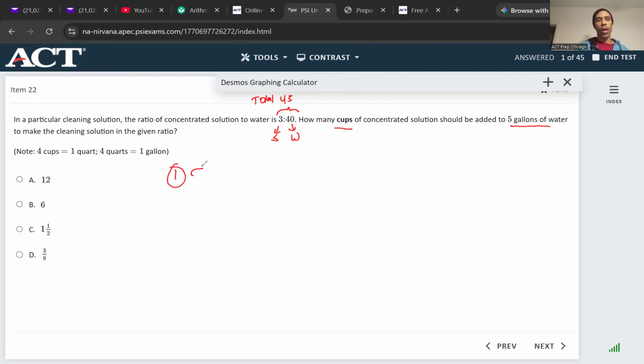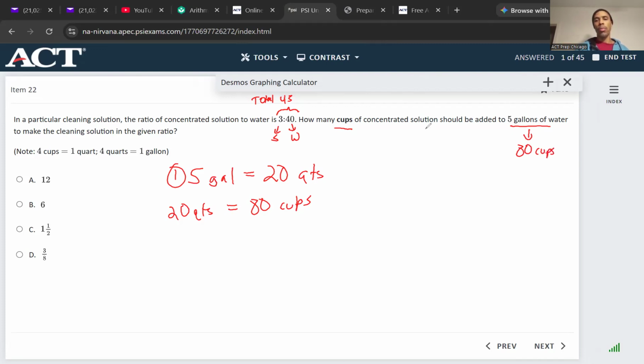So we'll do 5 gallons is equal to 20 quarts, right? Because they say 1 gallon is 4 quarts. And then 20 quarts will equal 80 cups because 1 quart is equal to 4 cups.